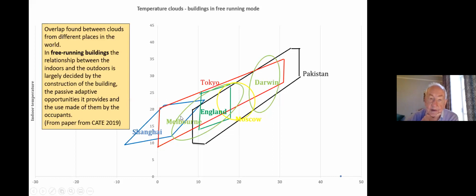I can't be absolutely sure that they're all free running, but nevertheless, with Melbourne, England, Darwin, Pakistan, Tokyo, you can see the way that the indoor temperature varies with the outdoor temperature in those, because it's largely governed by the building they're in.